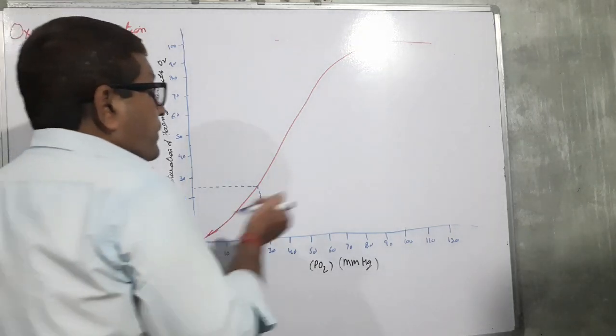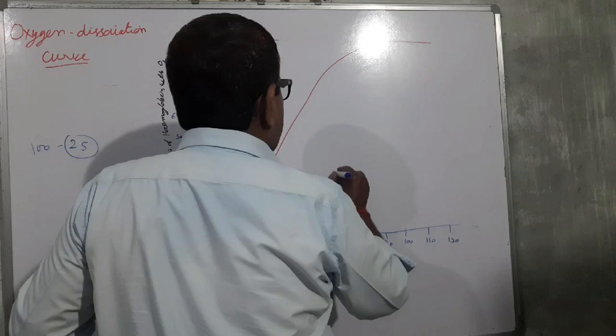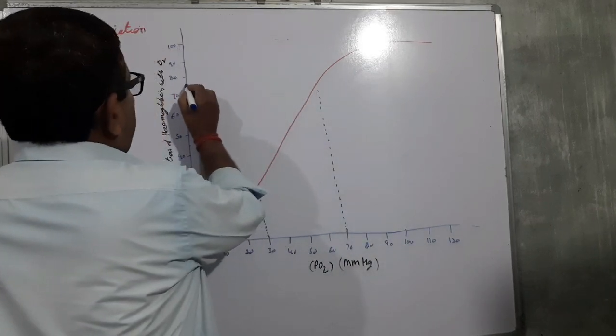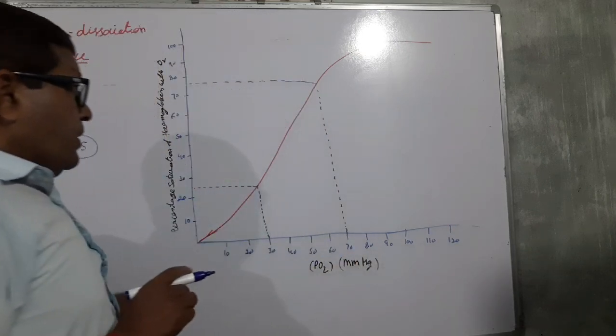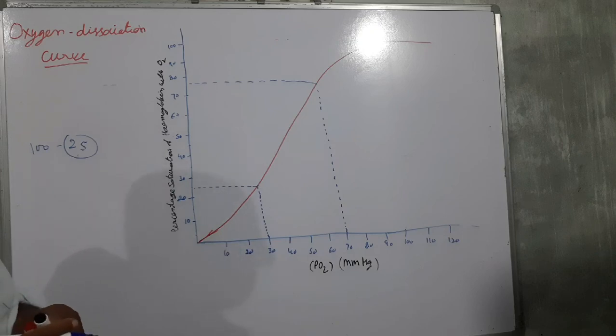If we gradually increase the partial pressure, nearly 75% of the hemoglobin molecules will be saturated.